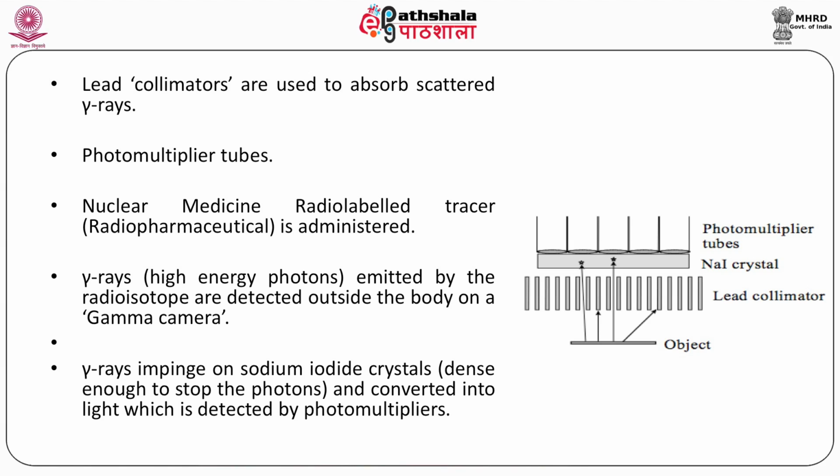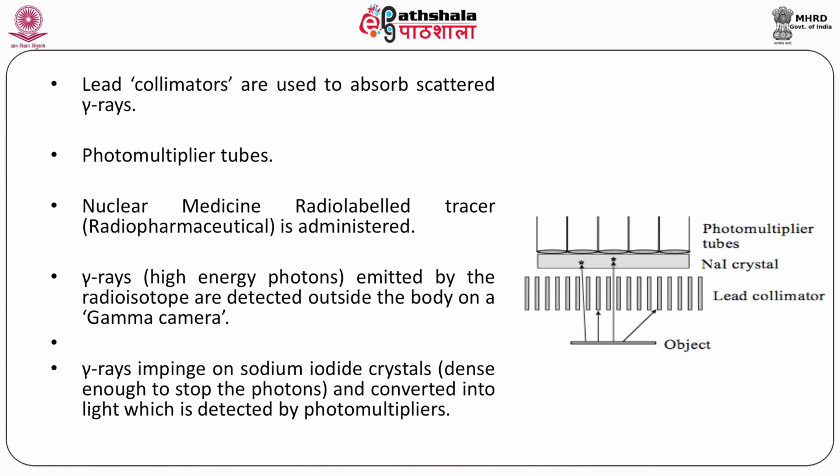The gamma rays emitted by the radiotracer are detected outside the body by the gamma camera, and the gamma ray impinges on the sodium iodide crystal, which is dense enough, and this converts it to light which is detected by the photomultiplier tube. What exactly is happening?